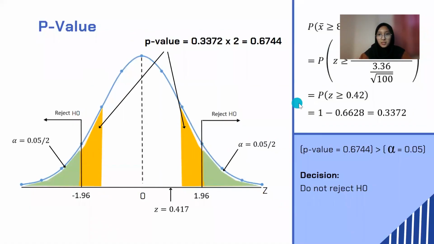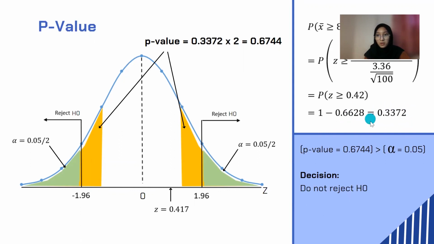0.6628. But this is the probability of Z being less than or equal to 0.42. To find the right probability, we have to subtract it from 1. So the probability of Z greater than or equal to 0.42 is 1 minus 0.6628, equal to 0.3372.